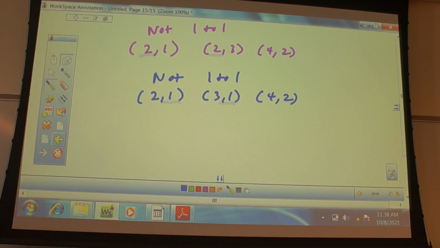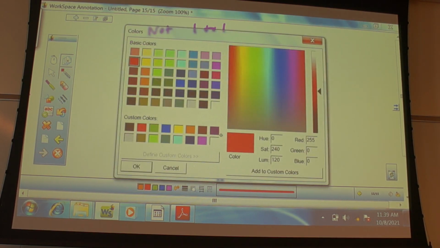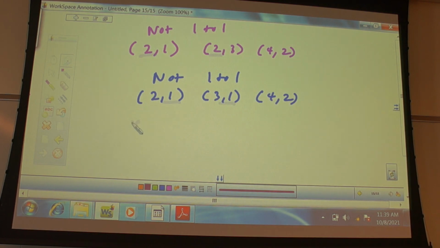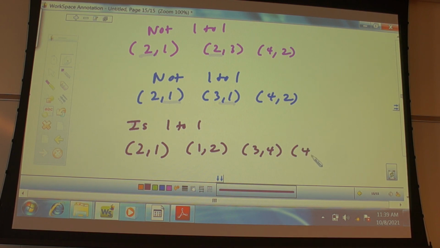So here's an example that would be 1-to-1.